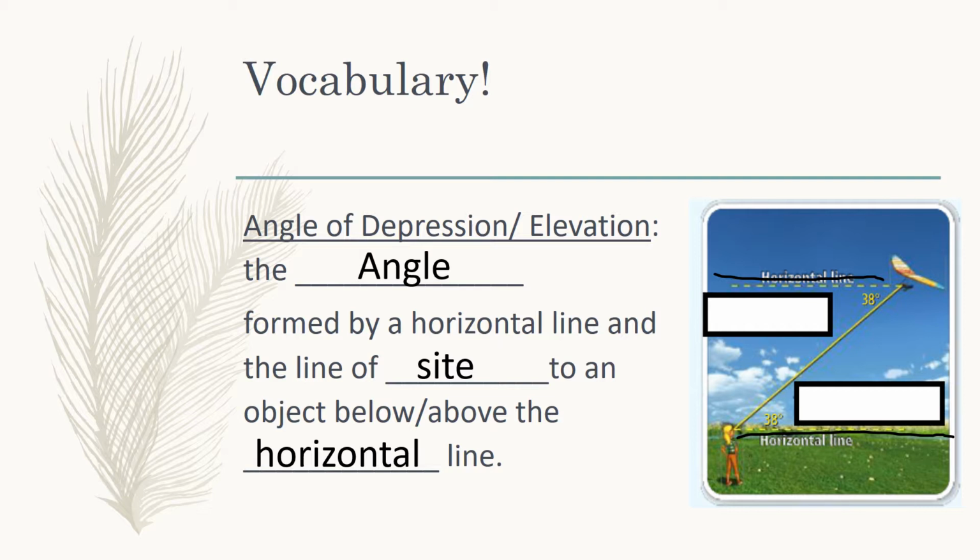So this girl has an angle of elevation to the parasailer, and the parasailer has an angle of depression to the girl. Now notice that these two angles are congruent, and if you remember alternate interior angles from geometry, the horizontal lines are parallel. Those would always be the same. So if we ever have the angle of depression, but we need the angle of elevation, and it's between the same two objects, they will always be the same.